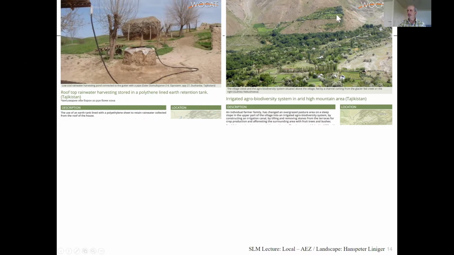And even near village, you could take irrigation canals to that area and have a communal irrigation situation, where you're well organized amongst the different people in the village, and you irrigate that area and have high value crops.